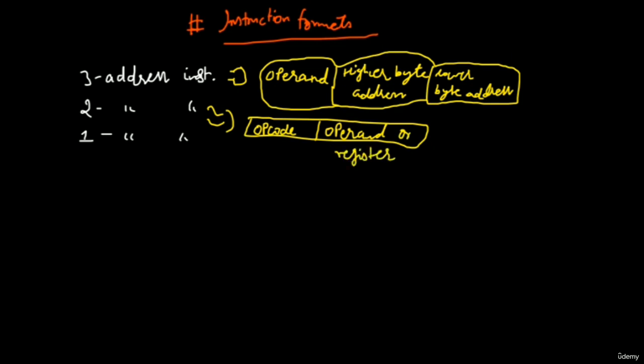So this is the 2 address, and the third one is only going to be opcode, or operational code. That's what it means. Simple, right? These are the three instruction formats.